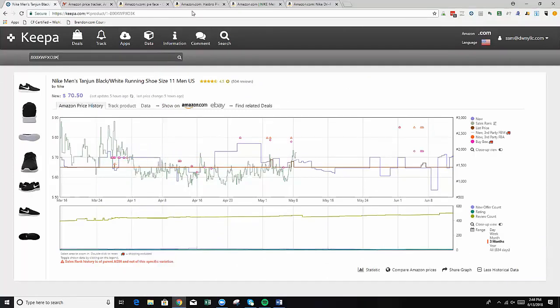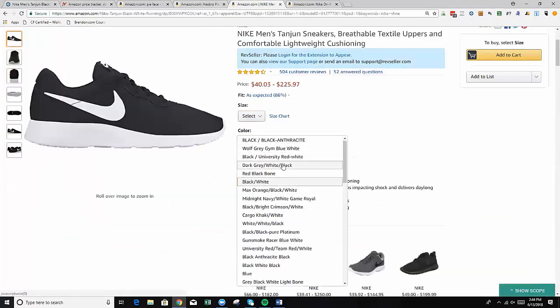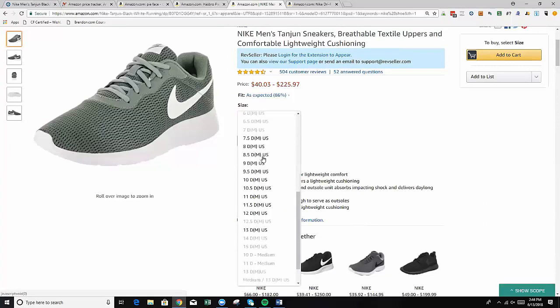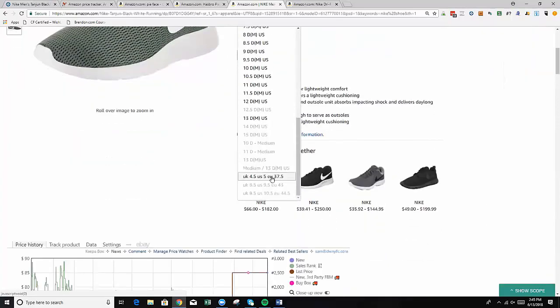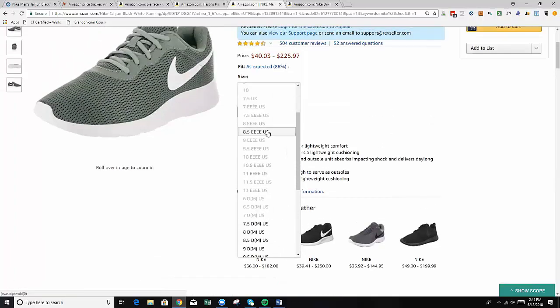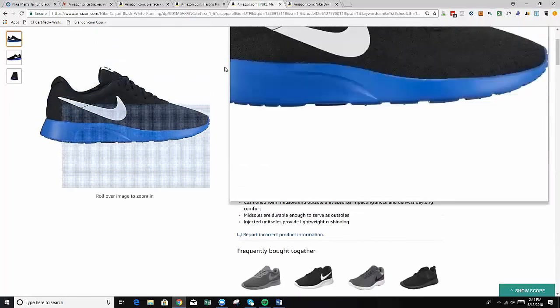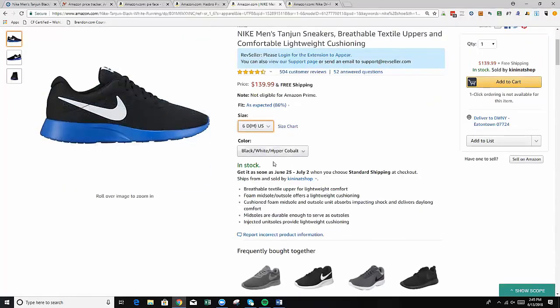But if you're looking at clay green whites, that's not a bad color, but the size is, let's say, a really low size, size 6, well, that's actually not in stock, so it moved.